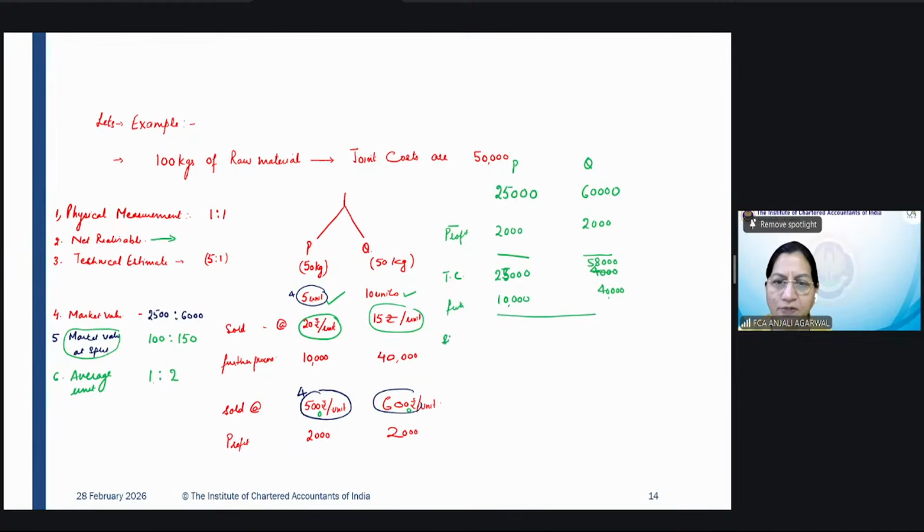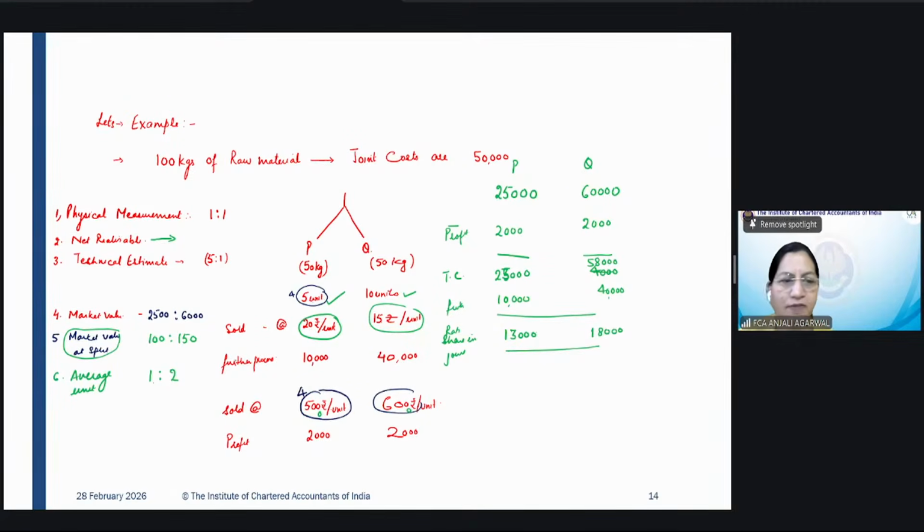So share in joint cost, this will be a ratio. It is 13,000 and 18,000. So this is the ratio of share in joint cost because 18 plus 13 is not 50.